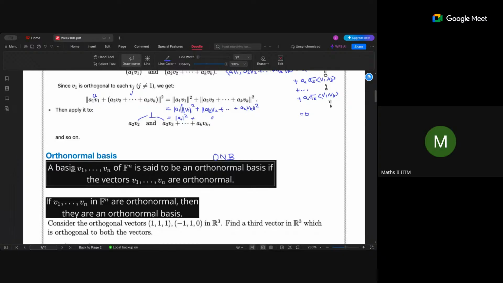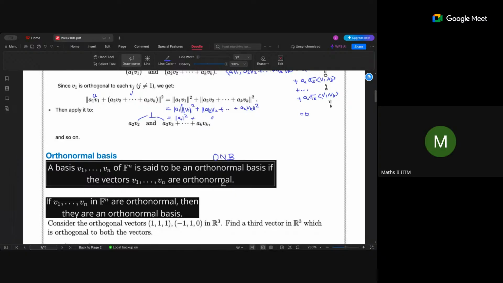An orthonormal set which also satisfies the conditions of a basis. We already know that orthonormal implies linearly independent, so what is the other condition we need? We need the spanning condition. That's all. So a basis v1, v2, ..., vn of Fn is said to be an orthonormal basis if the vectors v1, v2, ..., vn are orthonormal. Any basis you take, if the vectors are orthonormal, then that is an orthonormal basis.